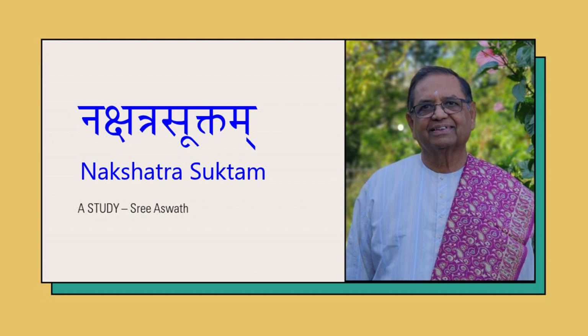Deva, Tridasha, those who are in the three states. 30 also we can interpret. 30 devatas are there, which later on became 33, or Tri dasha, 3 states. That also can be said. Vibudha, one who is very, very intelligent, knowledgeable. Sura, one who is enjoying in the self.